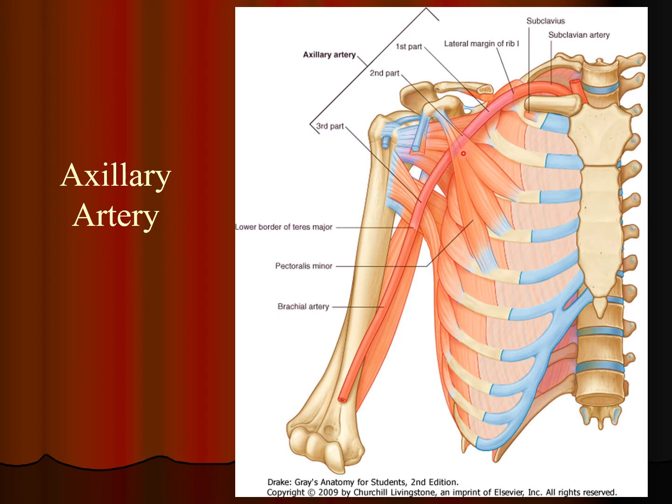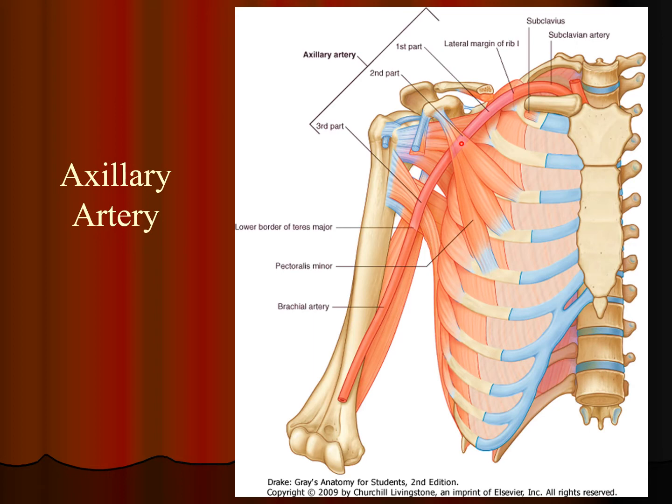Now pectoralis minor muscle divides this artery into three parts for the purpose of description. It passes anterior to the artery. The part between the lateral margin of the first rib till its upper border, or you can say medial border, is the first part.